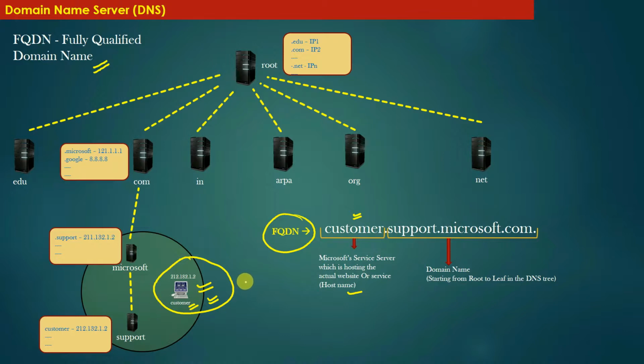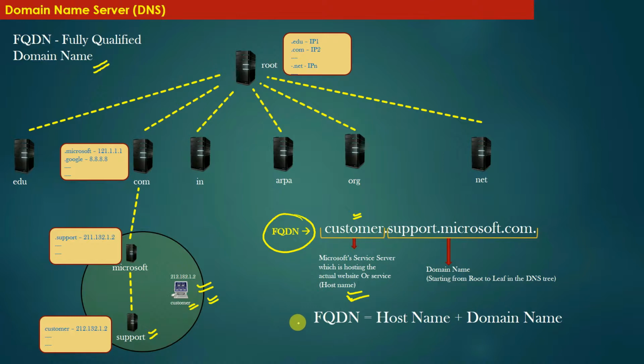So you can say that the fully qualified domain name is like a unique identity of the server which is providing a service. Remember, the fully qualified domain name is the concatenation of the name of a server which is providing a service, called the host name, and the second part, which is the sequence of names of DNS servers starting from the root of the DNS tree and moving towards the leaf of the DNS tree.